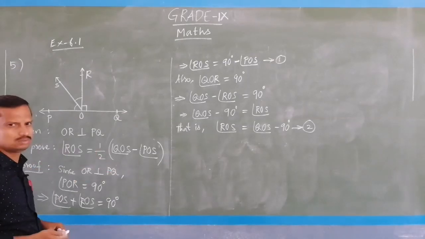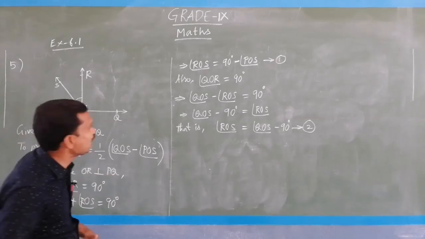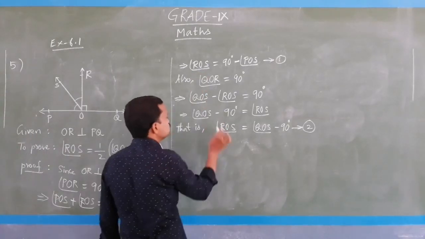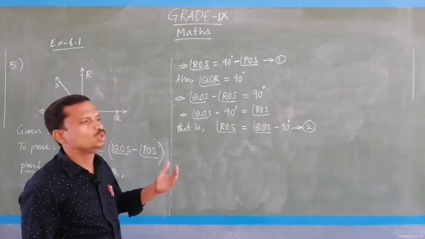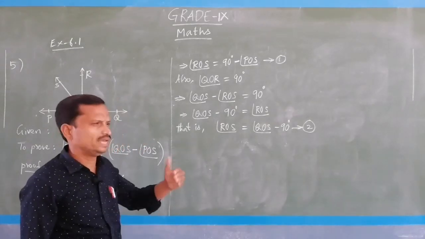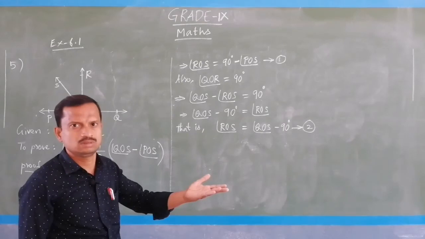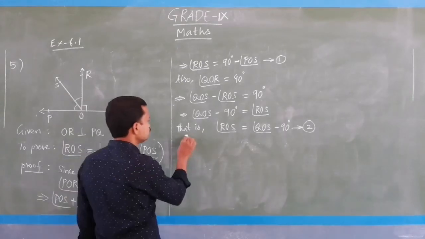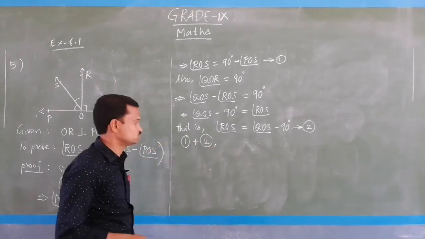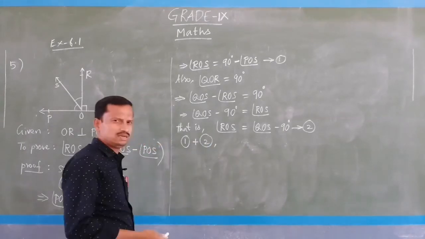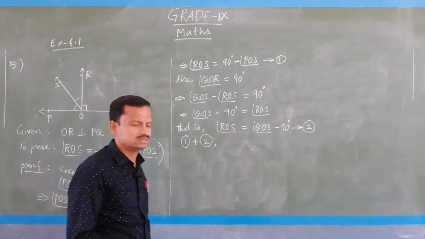So you have to add. If you add these two, you get ROS plus ROS on the left side, that is 2 ROS, like x plus x is 2x. Clear? So adding equations 1 and 2: left hand side plus left hand side equal to right hand side plus right hand side.